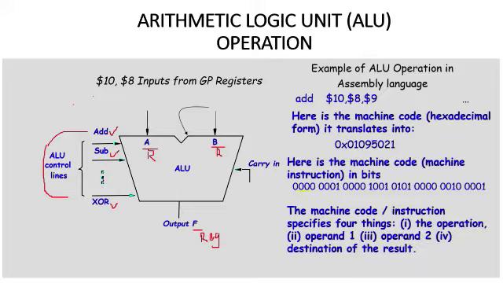For example, every machine code is divided into 4 parts. Where do you find the operation? Remember, I made mention of where all the operations go. This is where you have the operation.